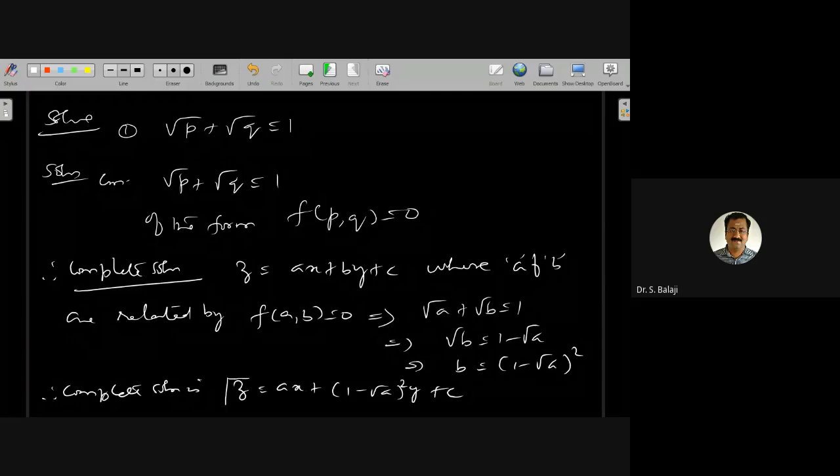Only two constants here, a and c. Root p, root q means root of dou z by dou x, dou z by dou y here. Therefore, there are two independent variables and two arbitrary constants.